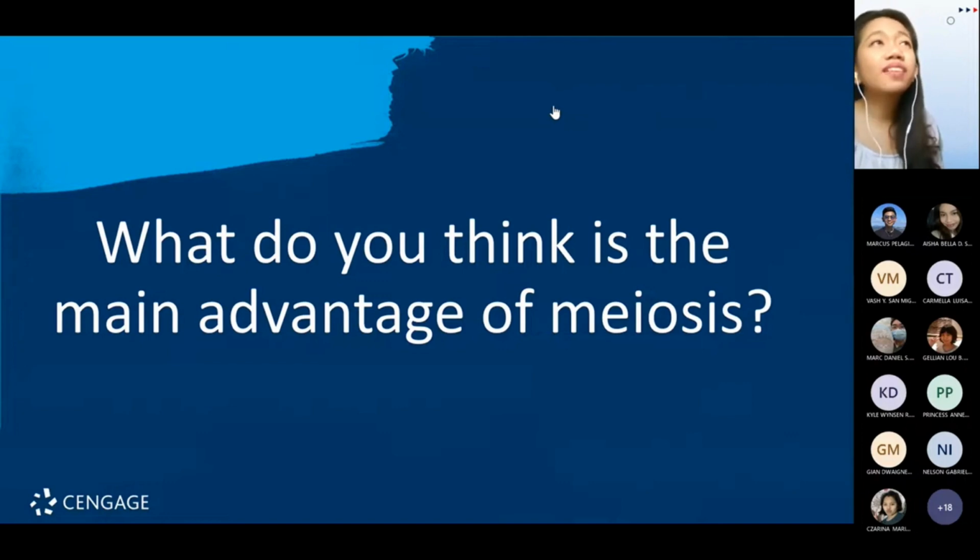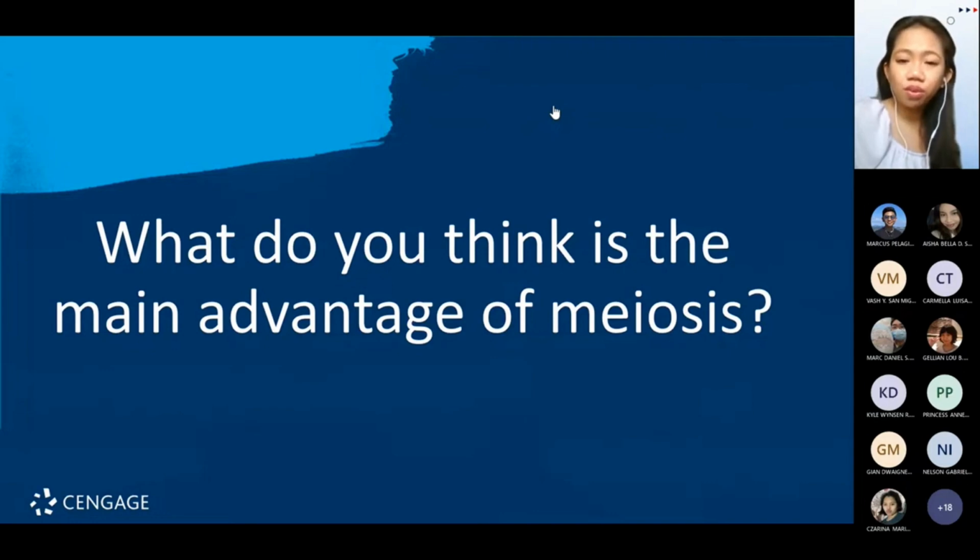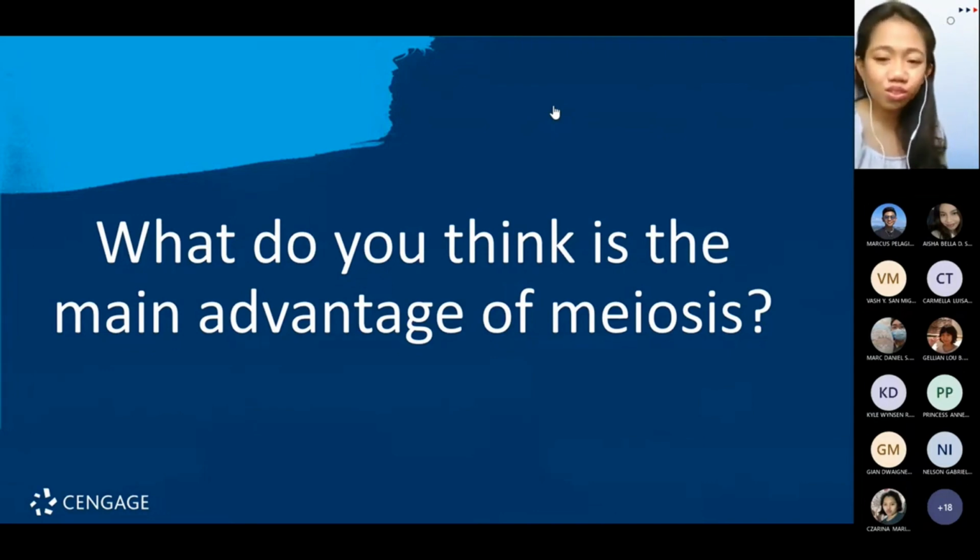Yung first identified living thing. What is the ancestor of all, according to research? What's the ancestor of current living things?